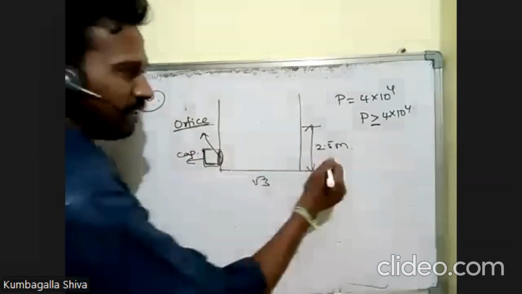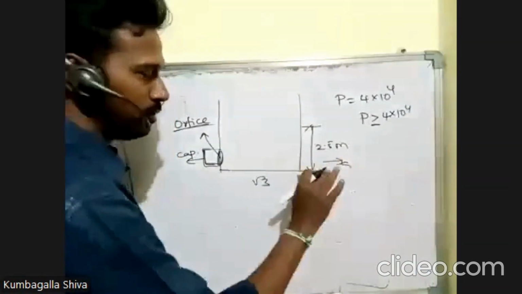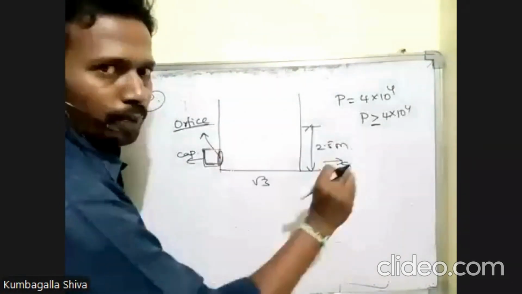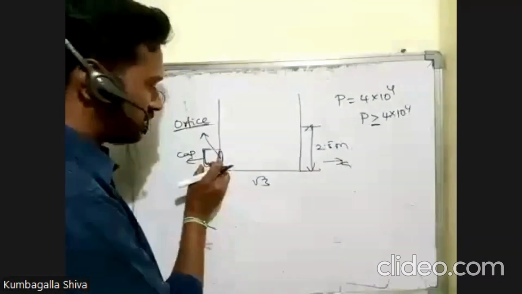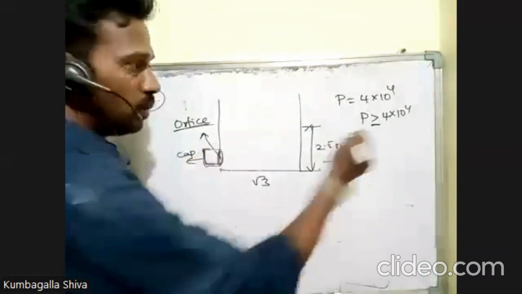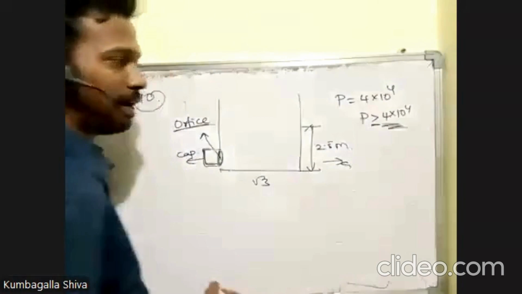When acceleration is given to this system, due to the pressure difference, the cap starts opening when the pressure is 4 into 10 power 4.